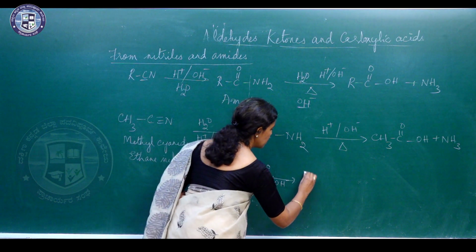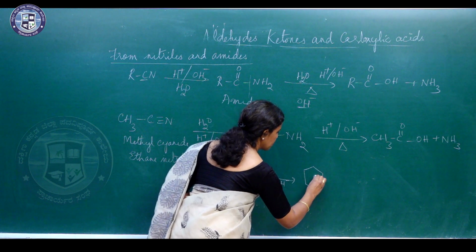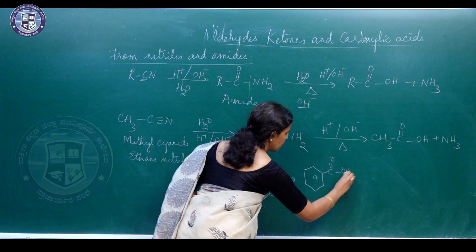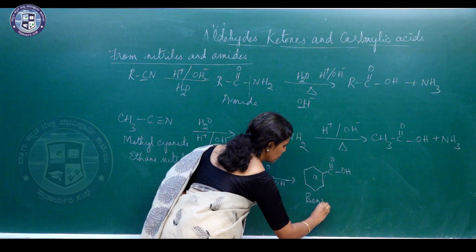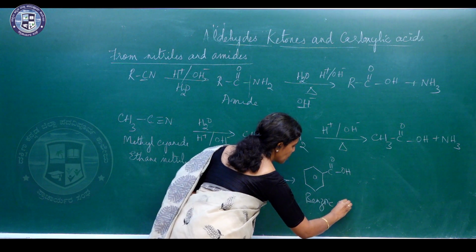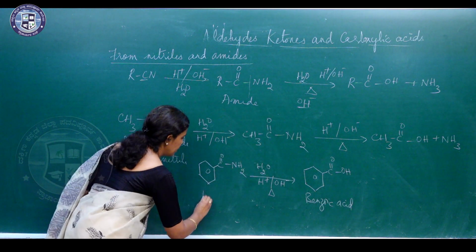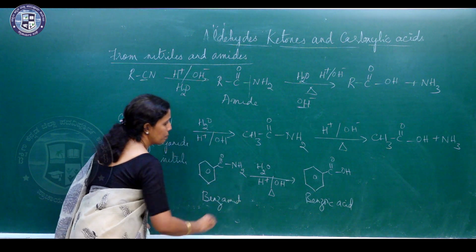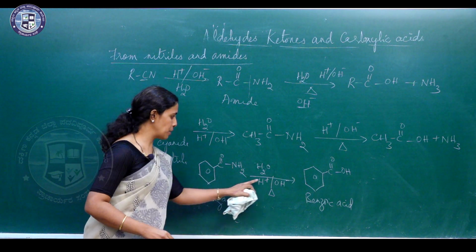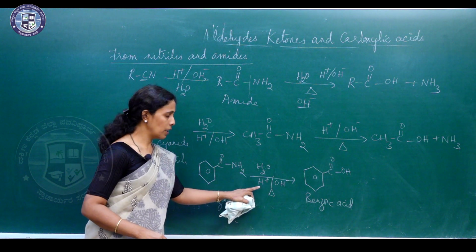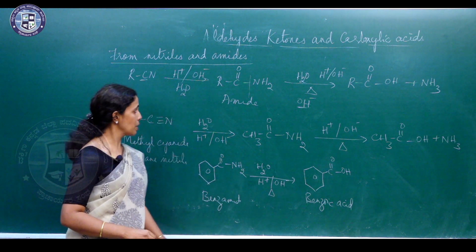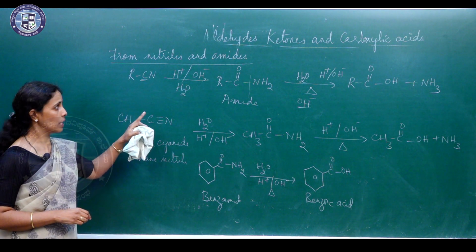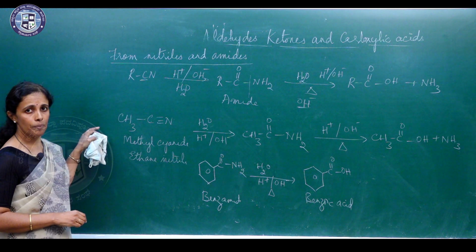So, the product is C double bond O OH, that is benzoic acid. We have taken benzamide here and we have converted it into benzoic acid by treating it with water in presence of an acid or a base. So, this is about the preparation of carboxylic acids from nitriles and amides.